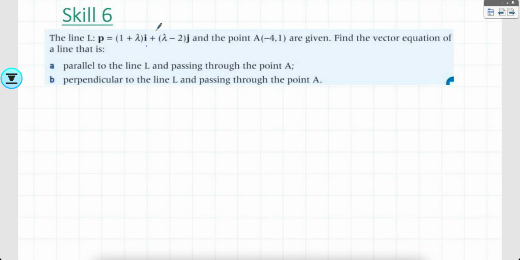So this is my line. I know this is the point on the line, and I know this is the, sorry, not in the correct format, intentionally written in a confusing format. This is the x component, so the x component is written with a 1 and a lambda here.